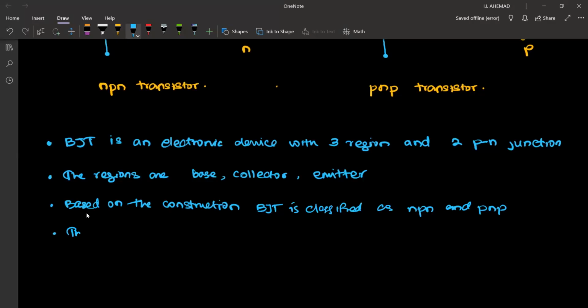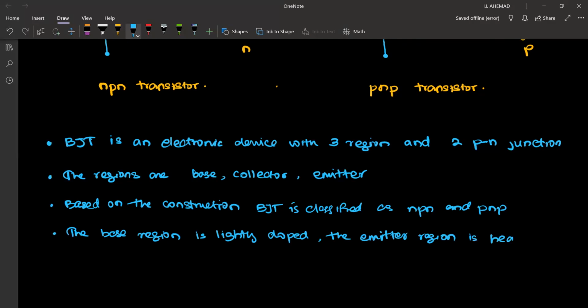The base region is lightly doped, the emitter region is heavily doped, and the collector region is doped intermediately.